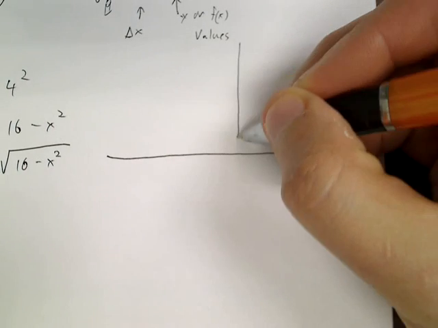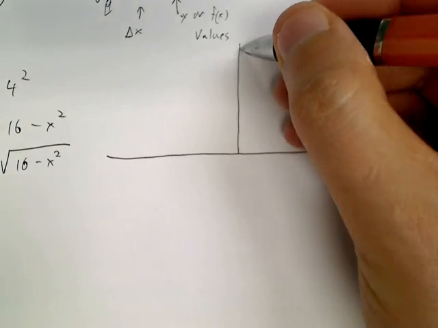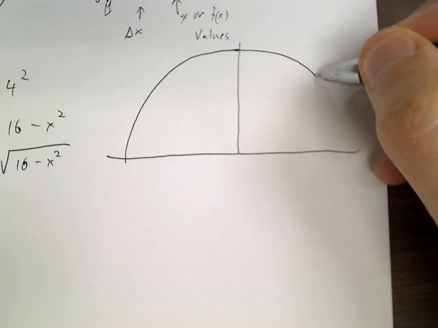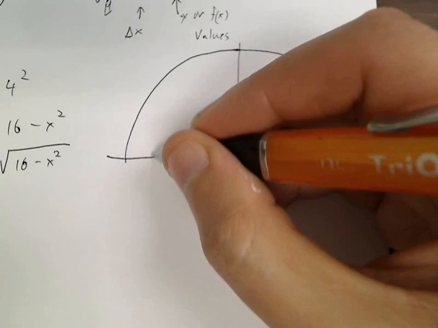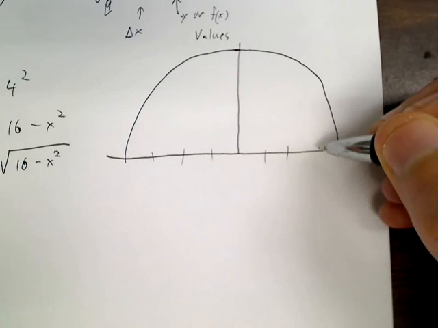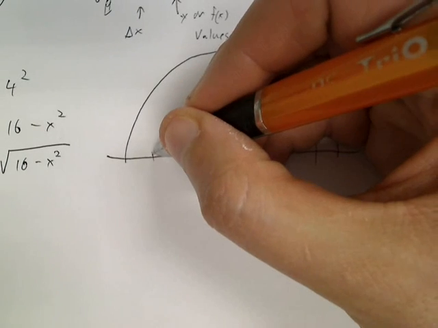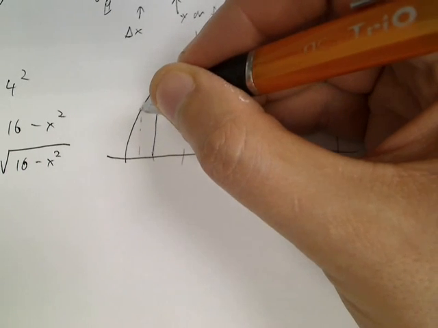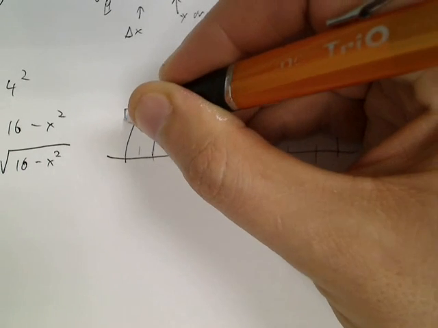I'm going to draw this a little bit bigger so I can more clearly see my rectangles. So that's going to be 4. To mark 4, you mark it in half and then mark it in half again. So this will be a rectangle. There's the midpoint.